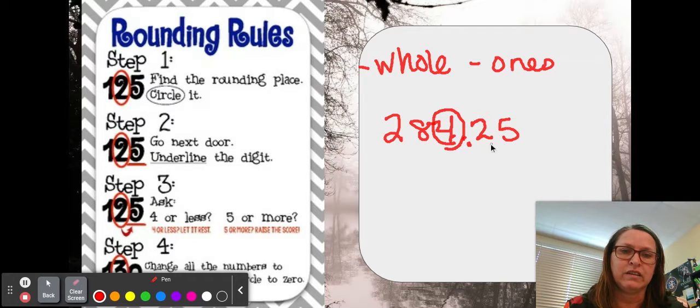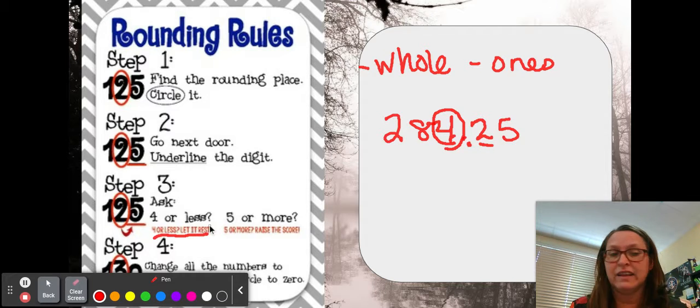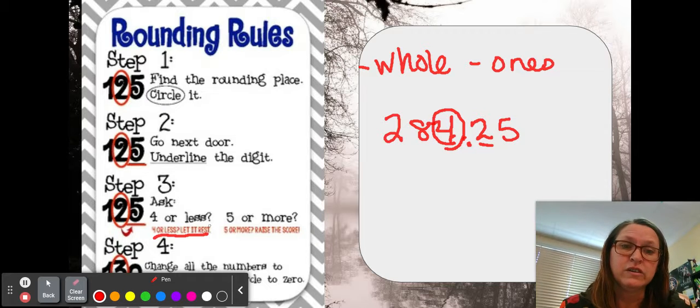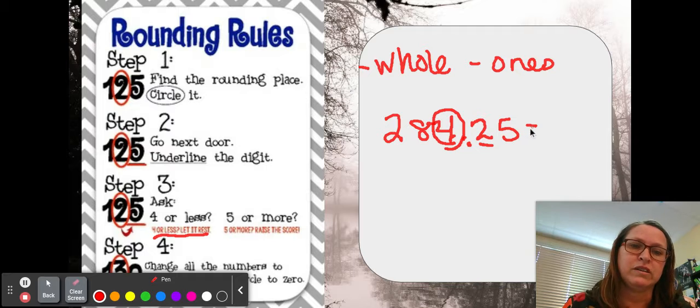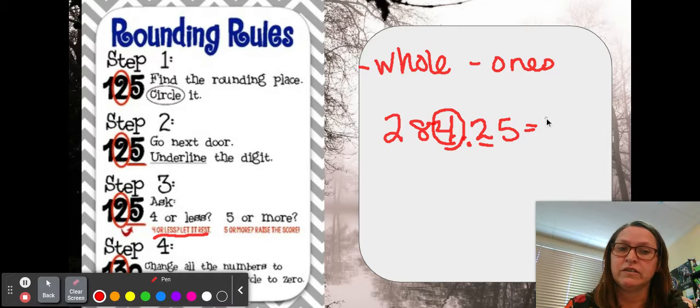Then I am going to underline the number right next to it. I need to remember: 4 or less, let it rest, and 5 or more, raise the score. When I look at this, 2 is less than 4, so it tells me that this 4 that I circled stays the same. So when I'm rounding 284.25 to the nearest whole number, it would be 284.